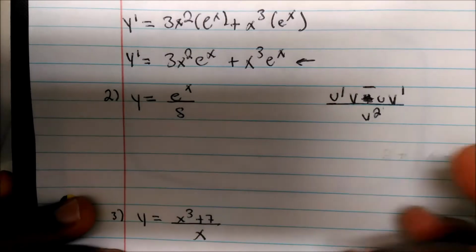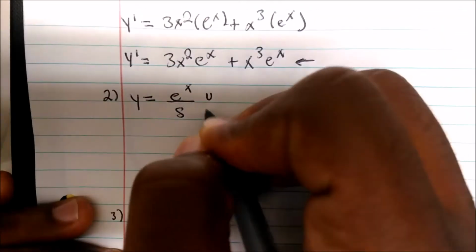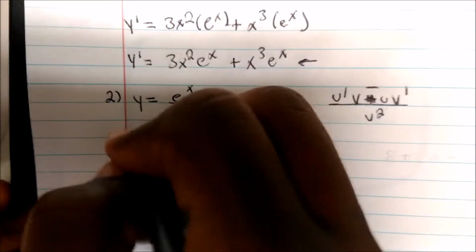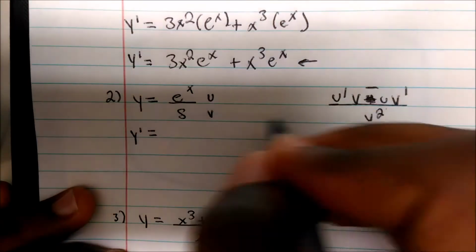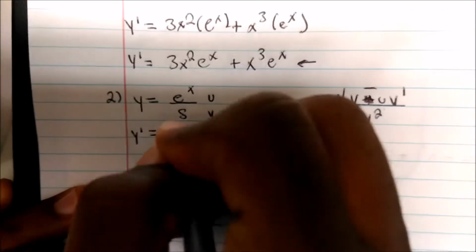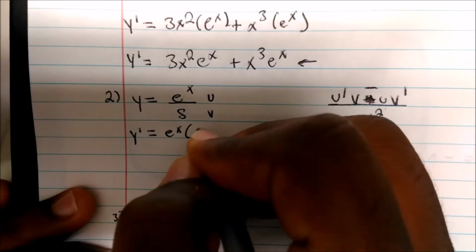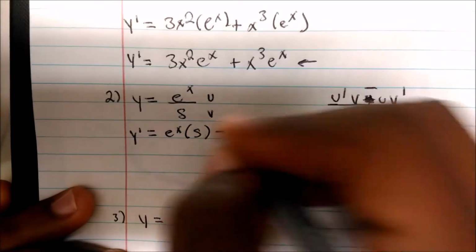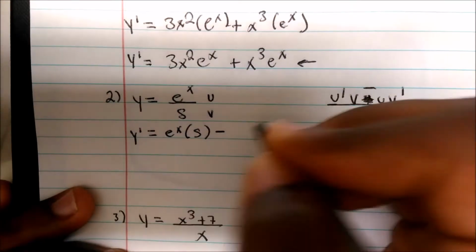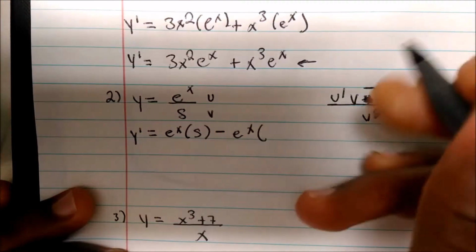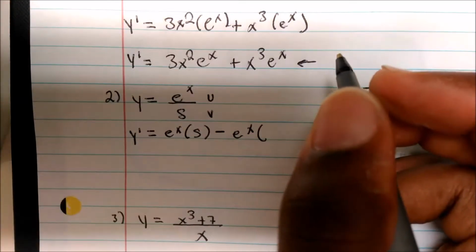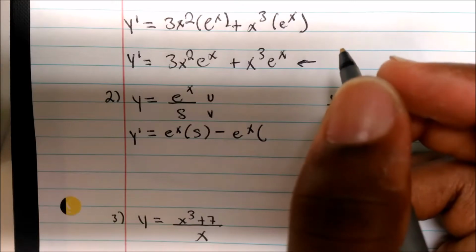So following the rules, I could label this as u, this is v. So y prime is going to equal the derivative of e to the x, which is just e to the x, times plain old v, which is just x, minus plain old u, which is e to the x, times the derivative of v. Well, derivative of x is 1.